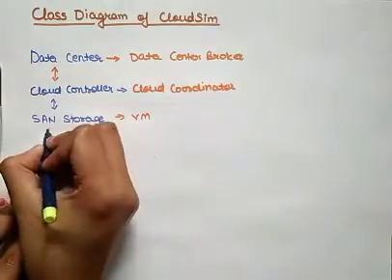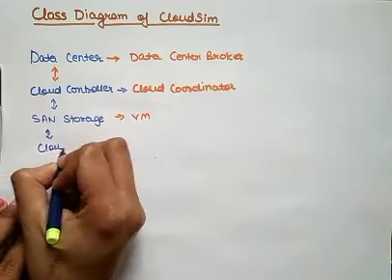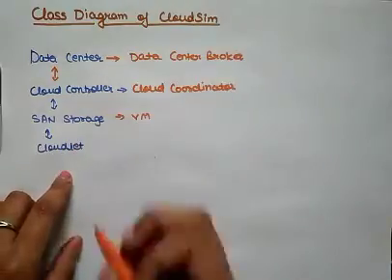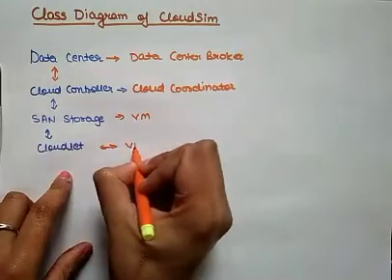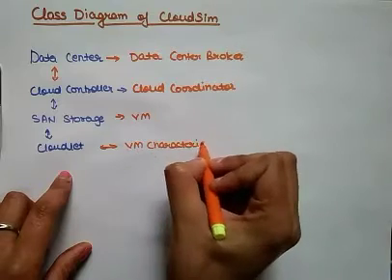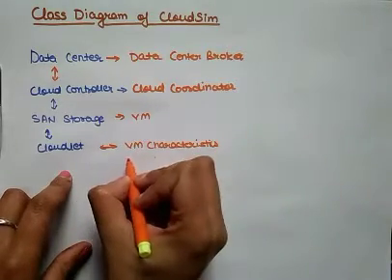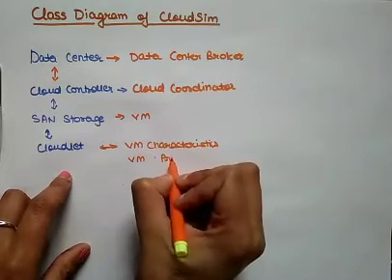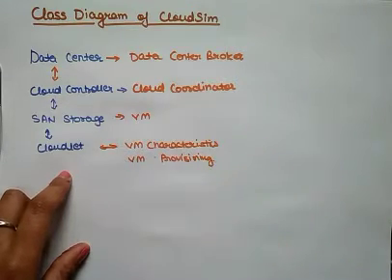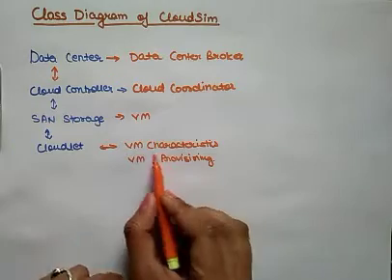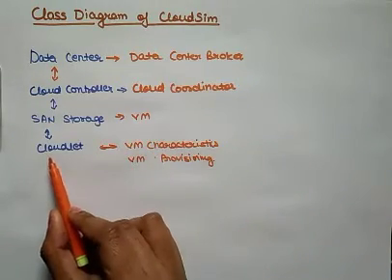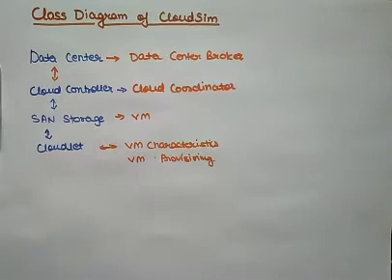Next class we have is cloudlet. Under this we have 2 subclasses: the first subclass is virtual machine characteristics and the next is virtual machine provisioning, or we can also say virtual machine characteristics and virtual machine provisioning are taken by cloudlets.